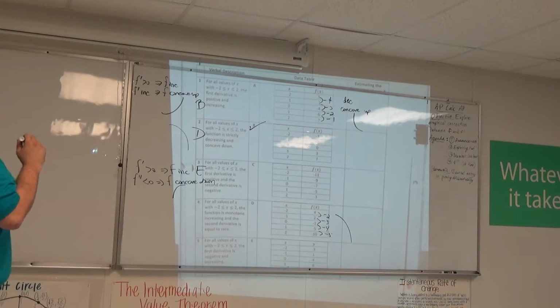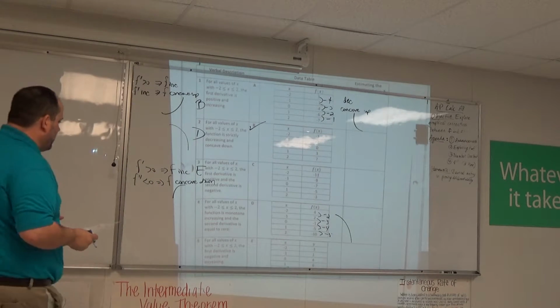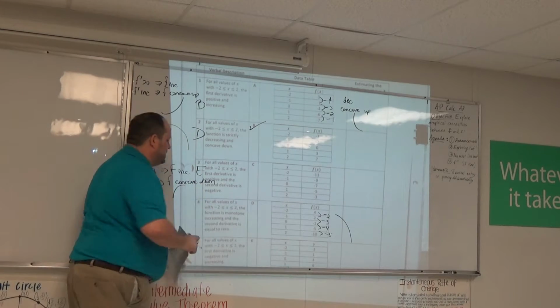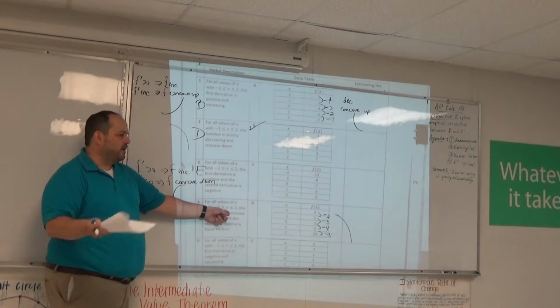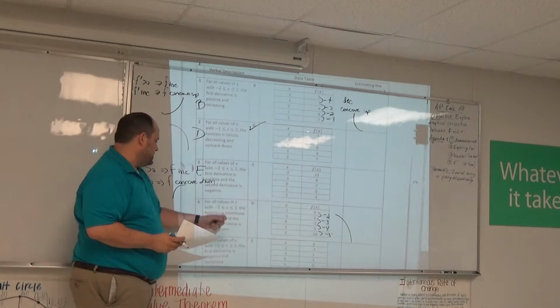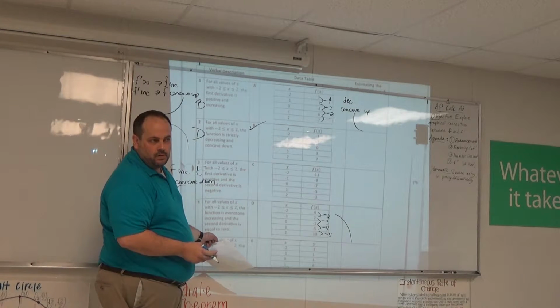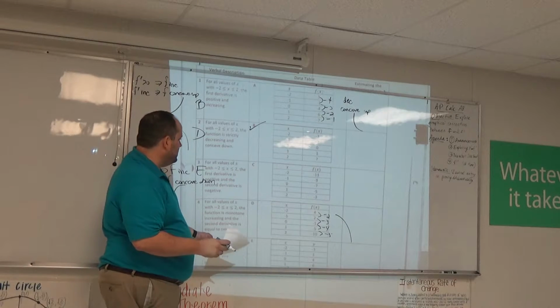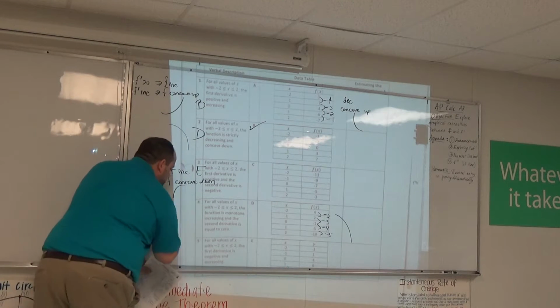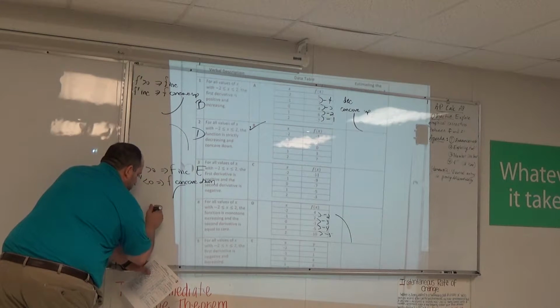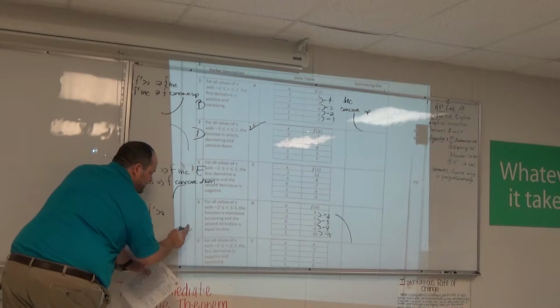Okay, number 4, f is monotone increasing. It's a boring function. All it does is increase. And the second derivative is equal to 0. That has to be C. Right, monotone increasing, so f prime is always positive.